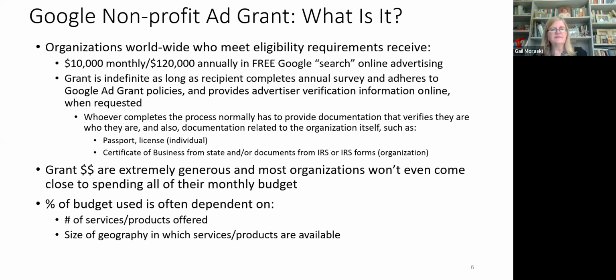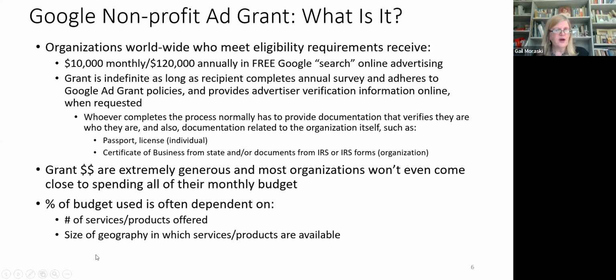So the main thing is if they ask you to provide any verifications, such as what I've listed here, sometimes you have to verify your organization and provide some documentation about your organization or even who you are as an individual using the ad grant, then you need to do so. That's usually the only time I've seen people lose their grant, if they don't provide the verification information. The other way would be if you were blatantly disregarding some of the policies and procedures that come along with Google ads, but that rarely ever happens.